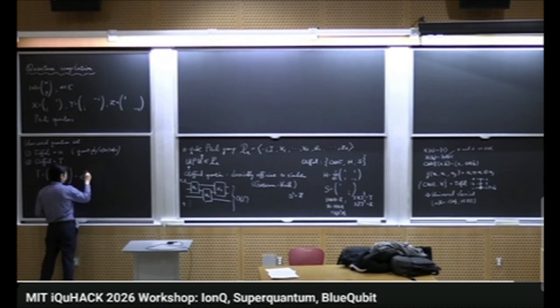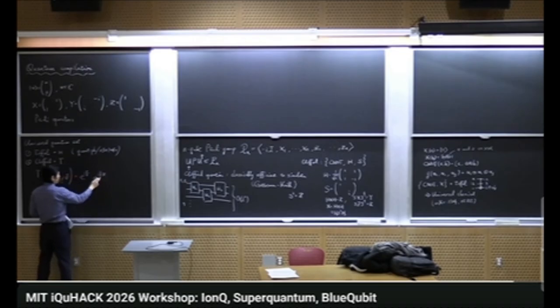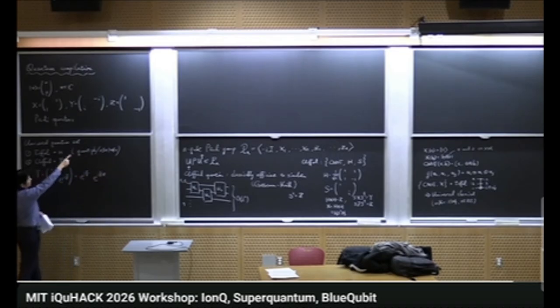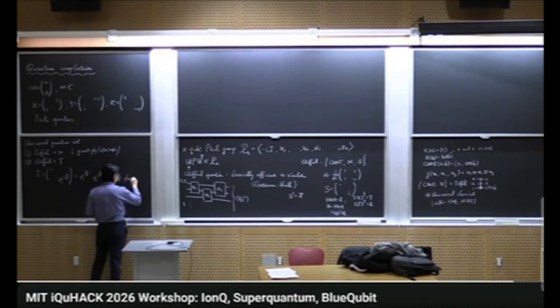If you extract a pi by 8 phase out of it, you can show that this is actually just pi by 8 of Z, exponentiating the Pauli Z matrix. So it's typically referred to as a pi by 8 phase shift.